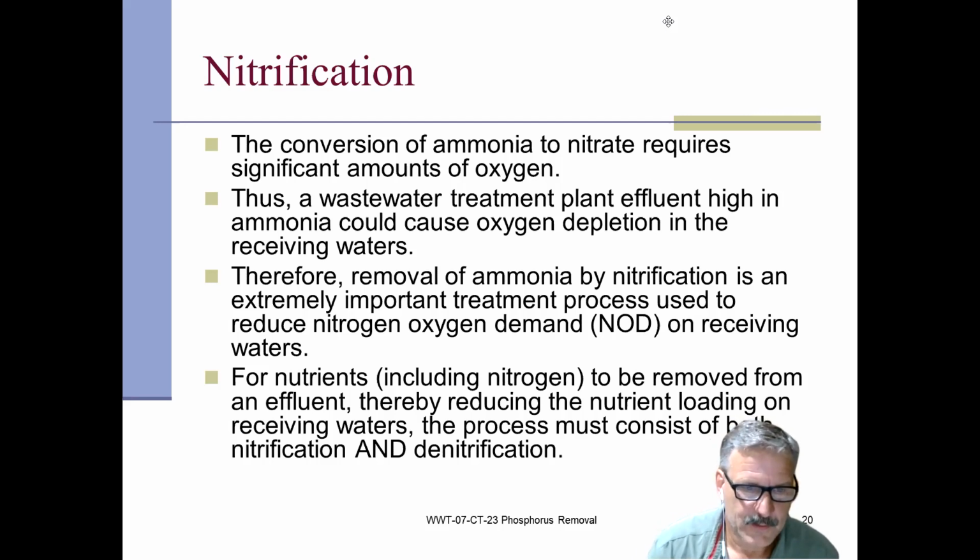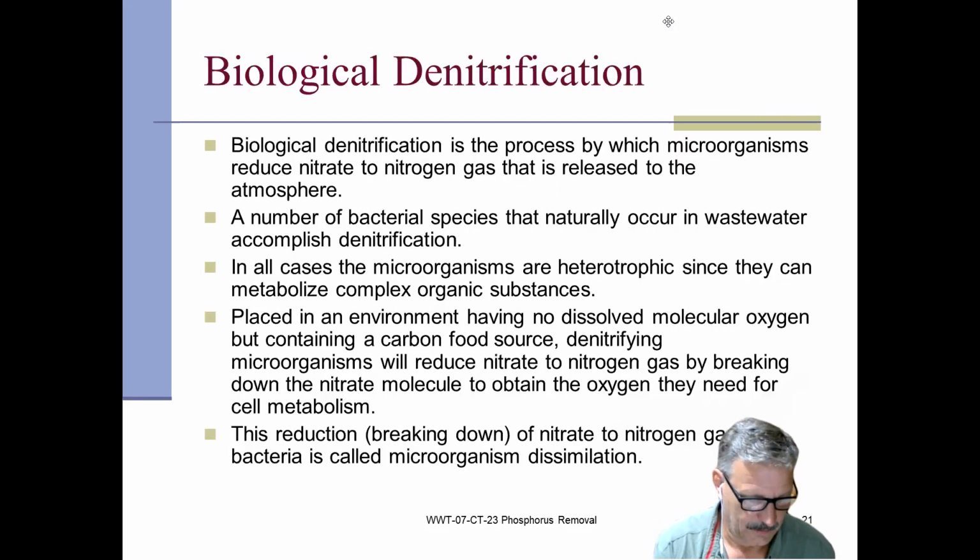And the last thing I just want to touch on: if you run across any denitrification questions, understand the denitrification process, by which microorganisms reduce nitrate to nitrogen gas released to the atmosphere. So BNR, or biological nutrient removal facilities such as Kelowna, that's entirely what we're focused on, nitrification and denitrification.